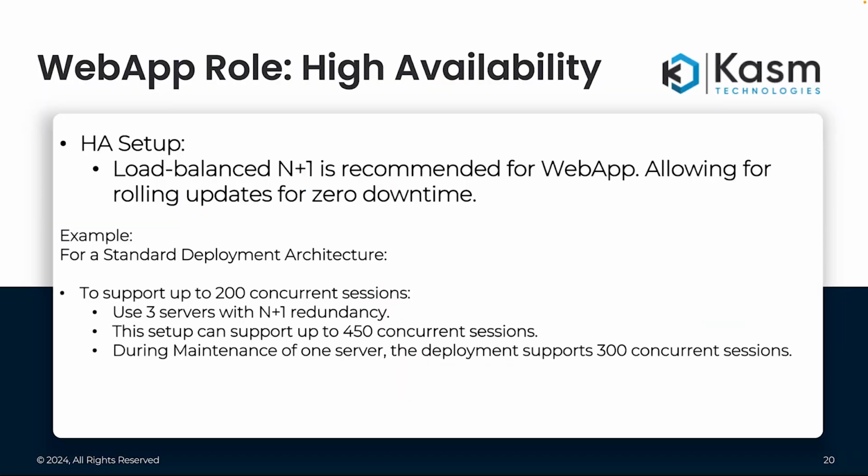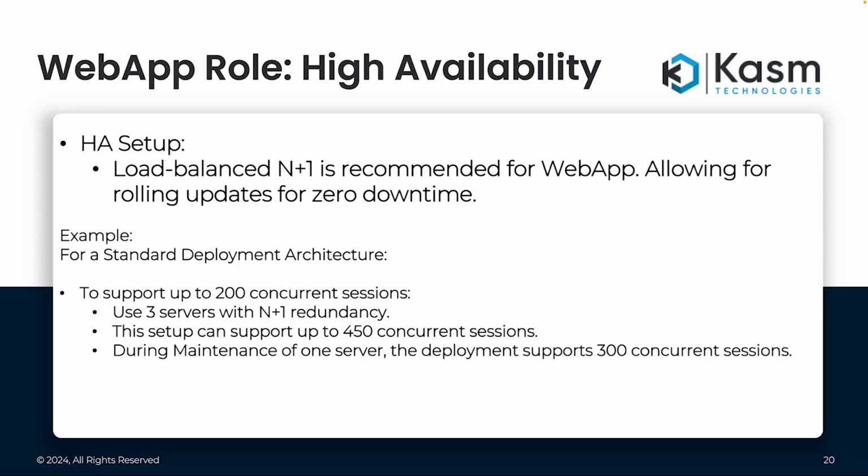When we start talking about high availability, load balanced N+1 is recommended. Period. It'll allow for rolling updates with zero downtime. You can take one of these down and still be able to accommodate your entire user base. So again, going back to our scaling scoping questions, for a standard deployment architecture, if we're looking to support 200 concurrent sessions, you're looking at 3 servers for that N+1 redundancy.